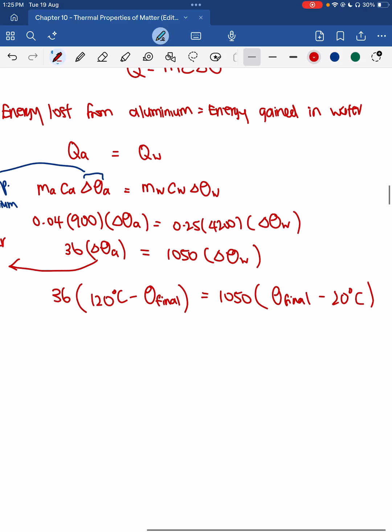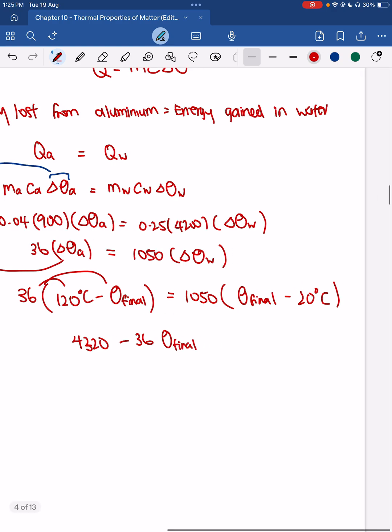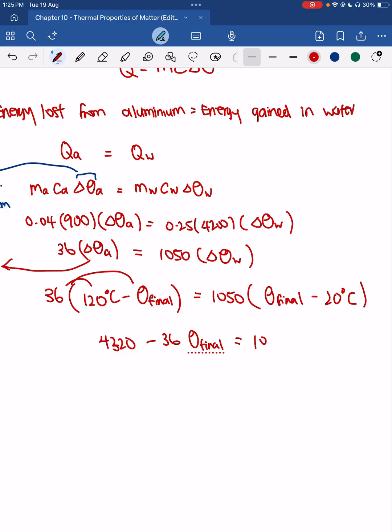So now I just need to make use of my algebraic skills. I just need to expand them. So 4320 minus 36 theta final equals 1050 theta final minus 1050 times 20, which is 21000.